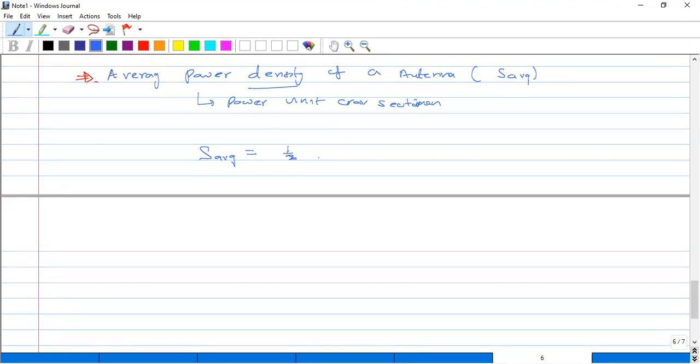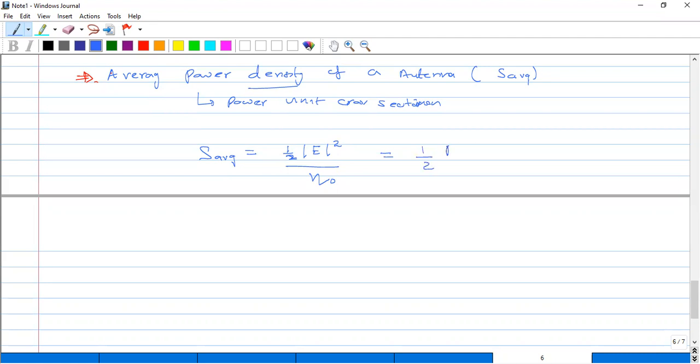You have to get the E field, take the magnitude of the E field and square it, and it should be divided by eta theta. And it is also equal to half.